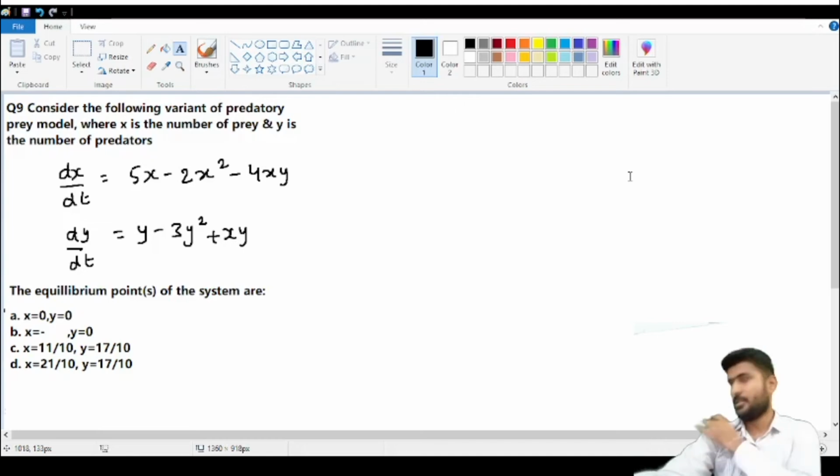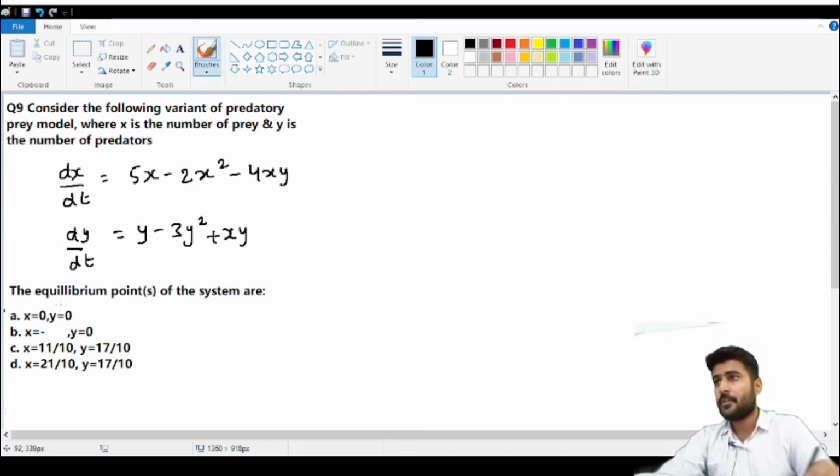So the ninth question we are given is related to the predator-prey model, which we have studied in module 1. The dx by dt and dy by dt equations are given, and we have to find the equilibrium points. Option B is given, x equal to minus infinity, y is equal to 0.